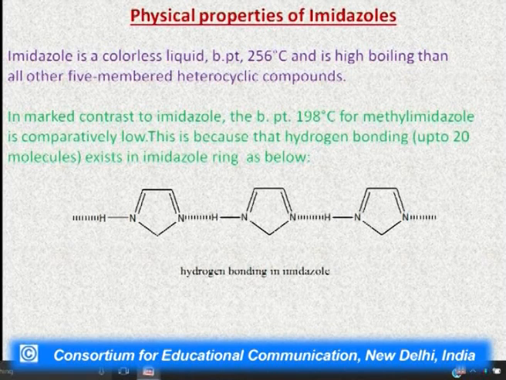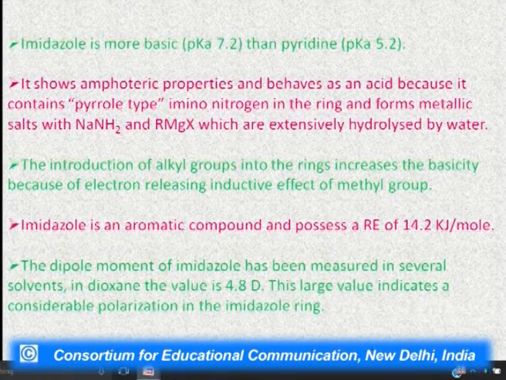It is because hydrogen bonding exists in the imidazole ring which does not have any substituent. Up to 20 molecules of imidazole in aqueous medium make hydrogen bonds, and since hydrogen bonding is a stronger interaction, its melting point and boiling point rise.